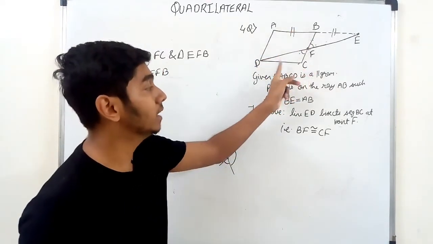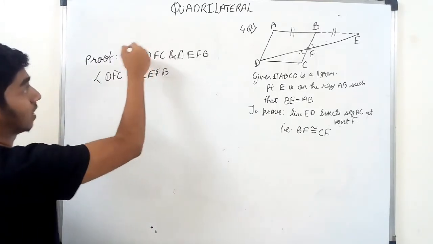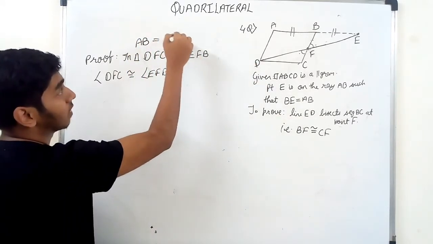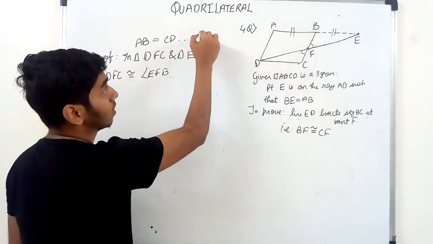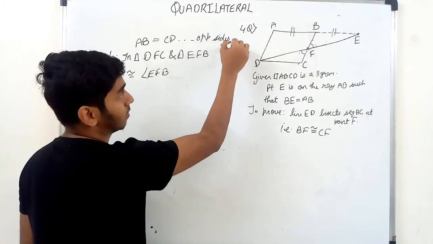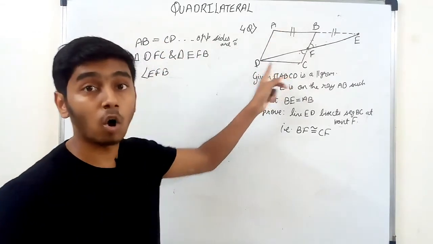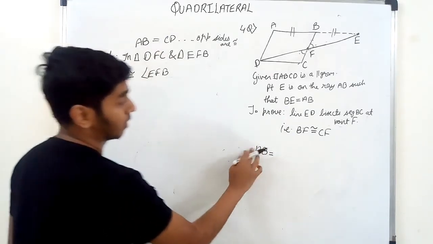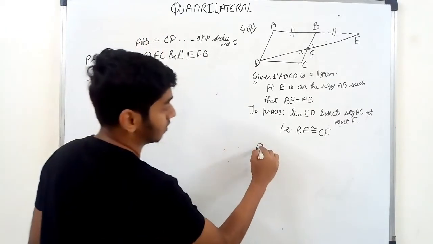We can say that AB is congruent to CD. Yes or no? AB is congruent to CD. Why? Because opposite sides are congruent. Therefore, if opposite sides AB and CD are congruent, you can write this after this also.